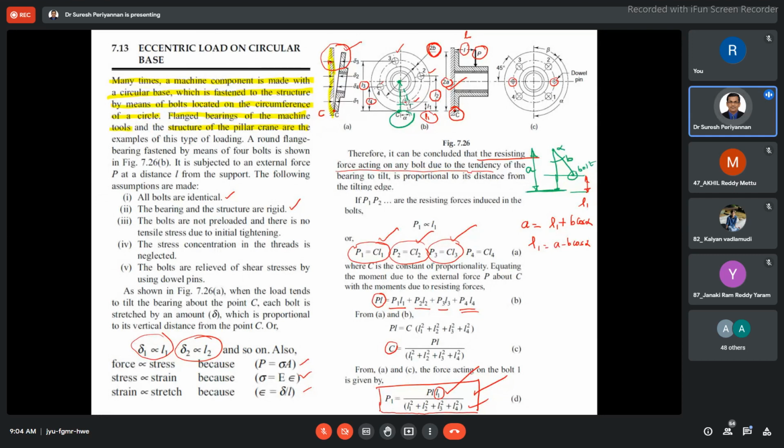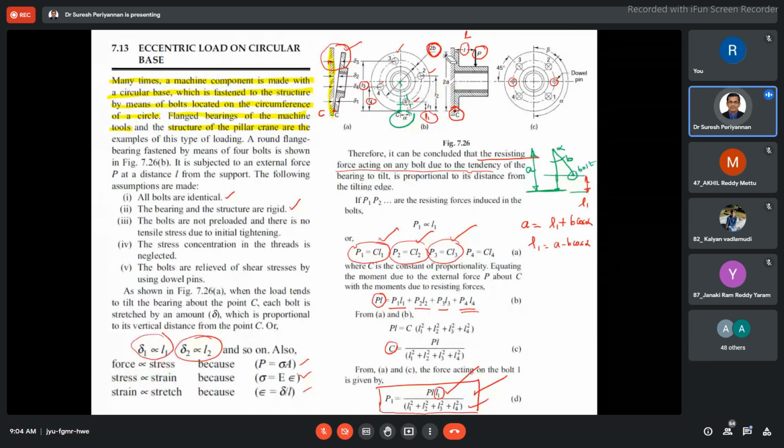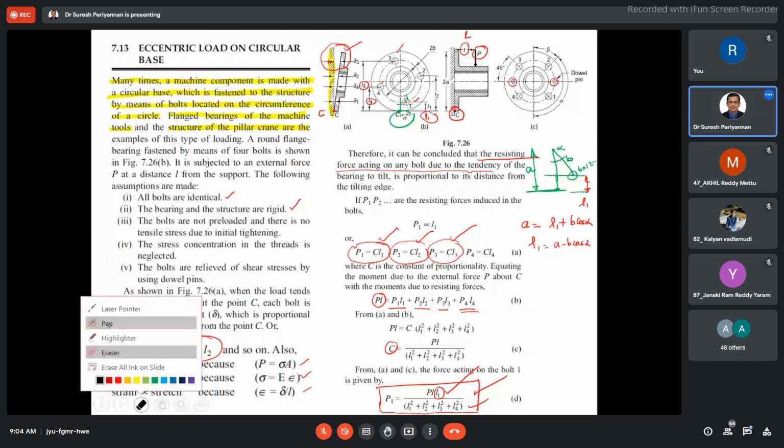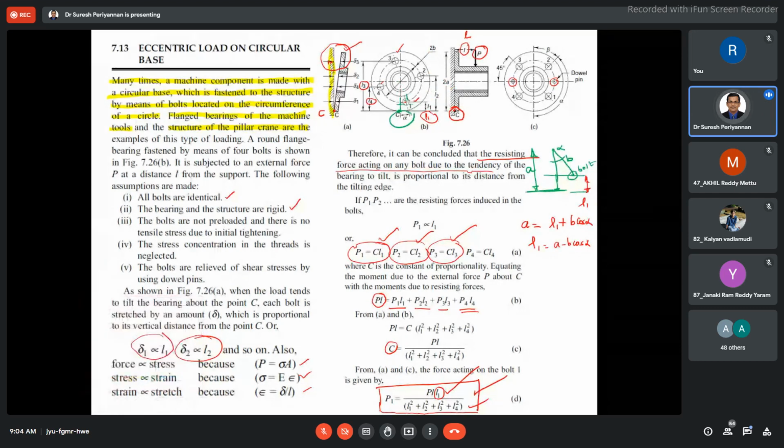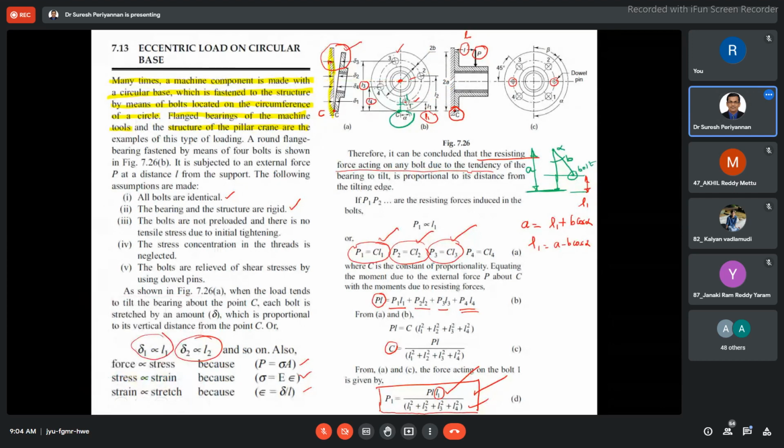Similarly, you would like to take another bolt here. Now I am taking this bolt, sitting here, and I take this right-angled triangle.